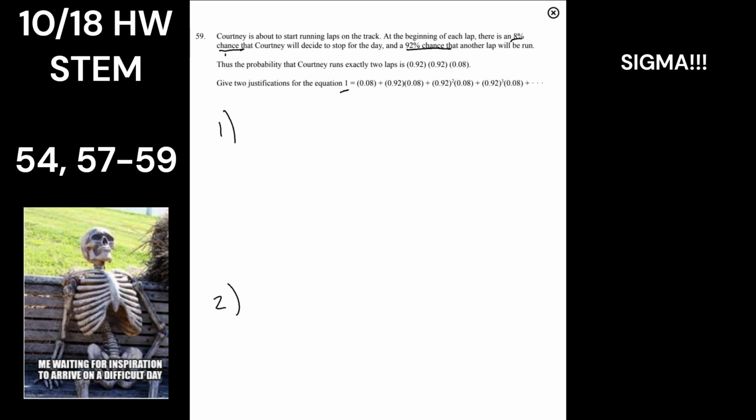There's 100% chance that Courtney will do an action, because 1 is 100%. There is 100% chance that Courtney will either stop running, or run. Like there's no other option, right? It has to be 100%.